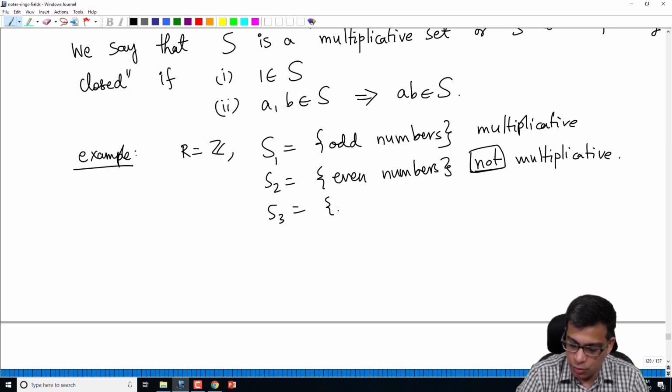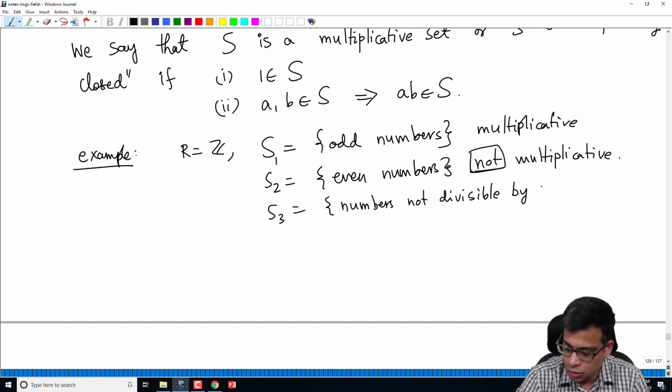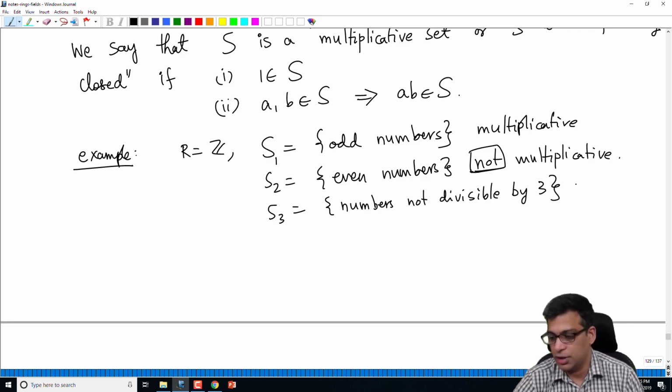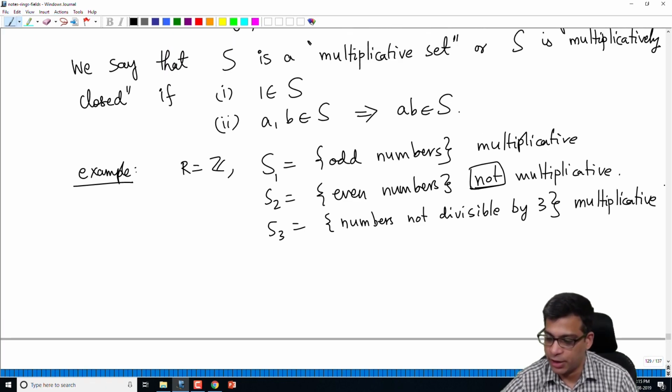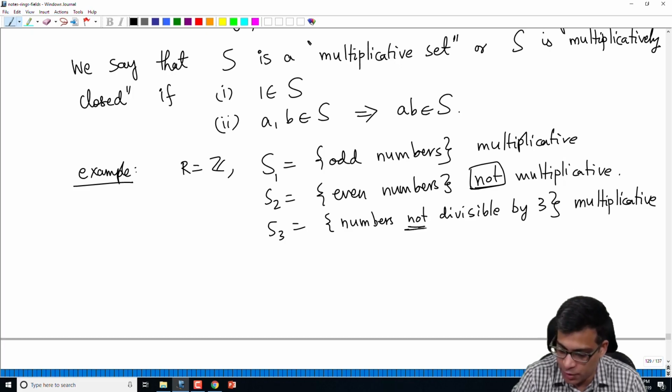Let me give one more example: numbers not divisible by 3. This is multiplicative. This requires a little bit of thinking, but you can show that it is a multiplicative set because 1 is in this set, because 1 is not divisible by 3.